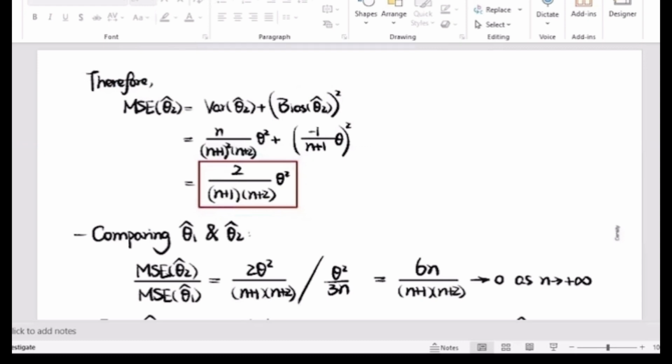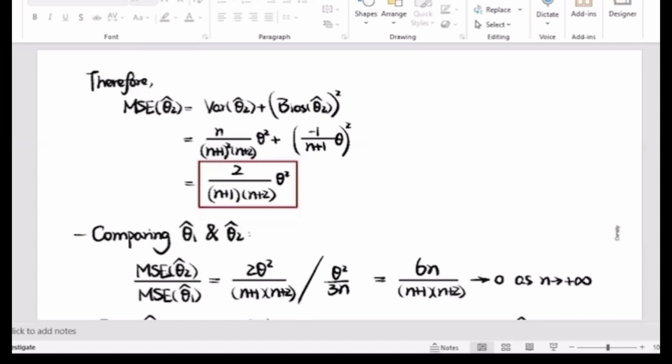But let me tell you this, even though we want an unbiased estimator, in most realistic situations we may not be able to get one. So how can we compare the performance of a biased estimator and an unbiased estimator?